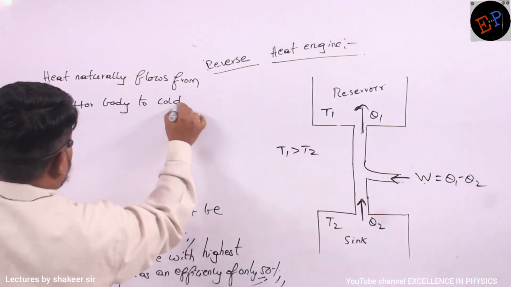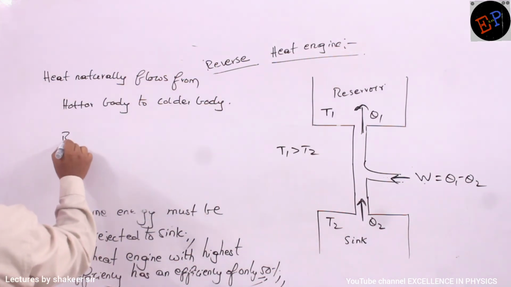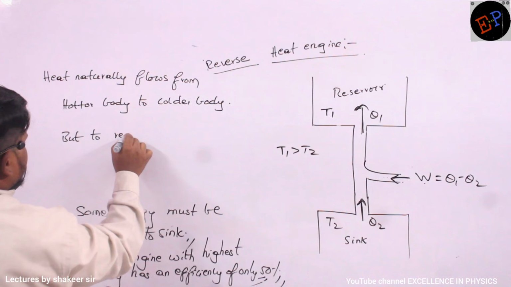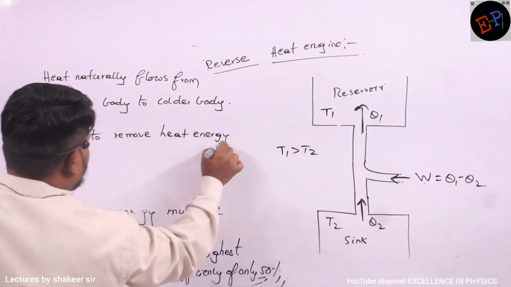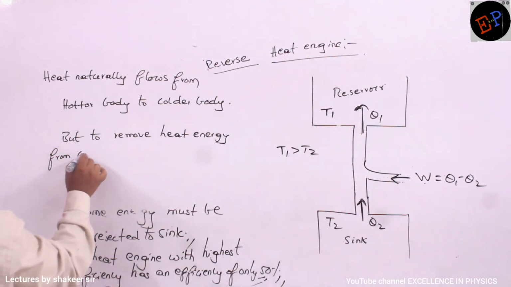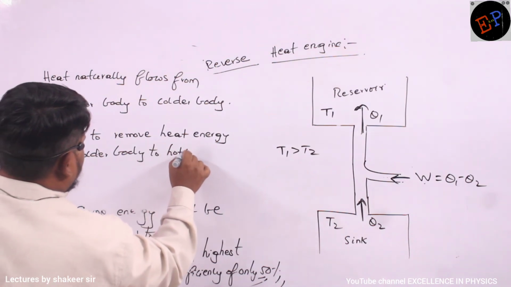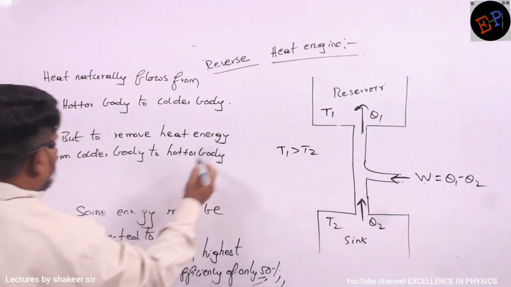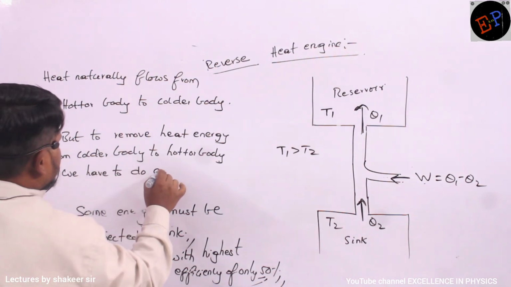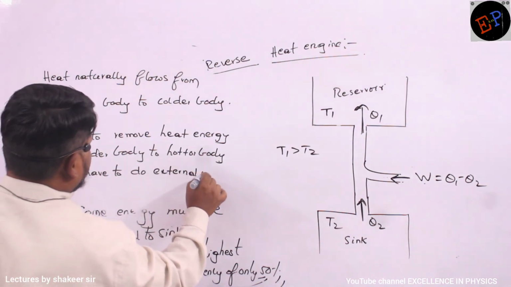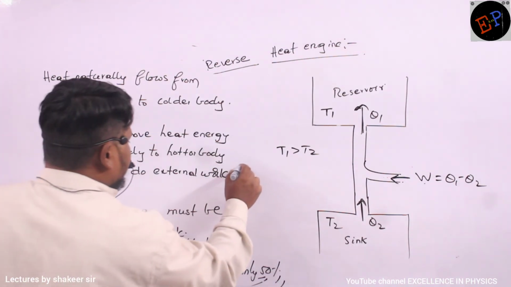But to remove heat energy from a colder body to a hotter body, we have to supply or do external work. And that external work is nothing but W.